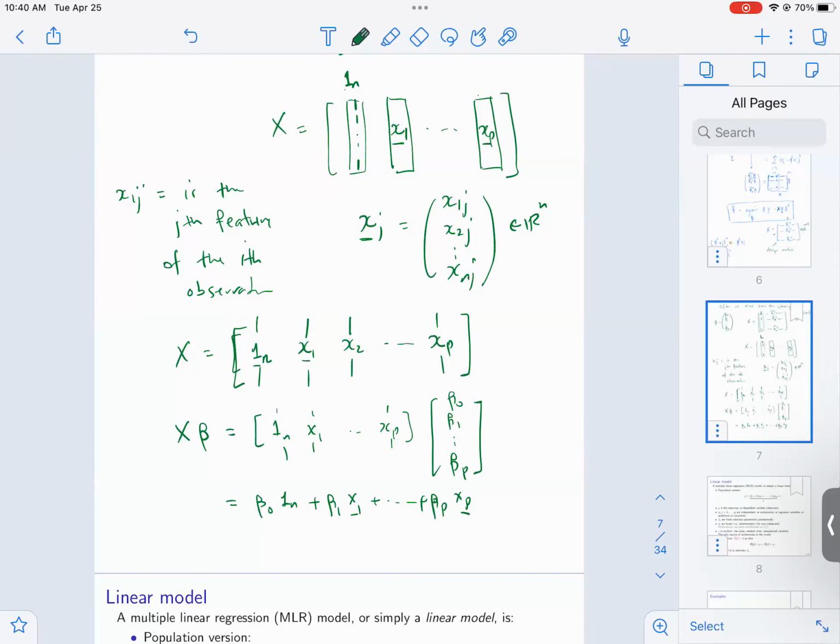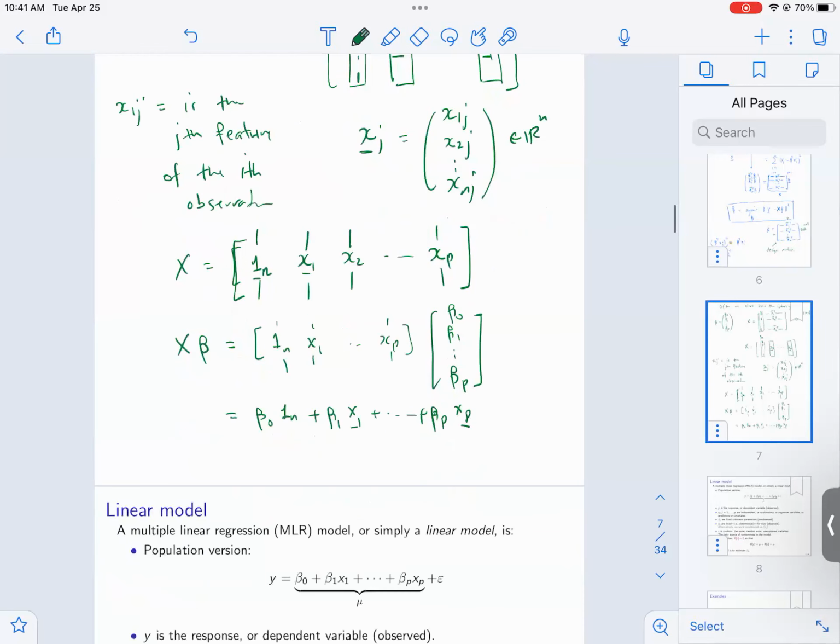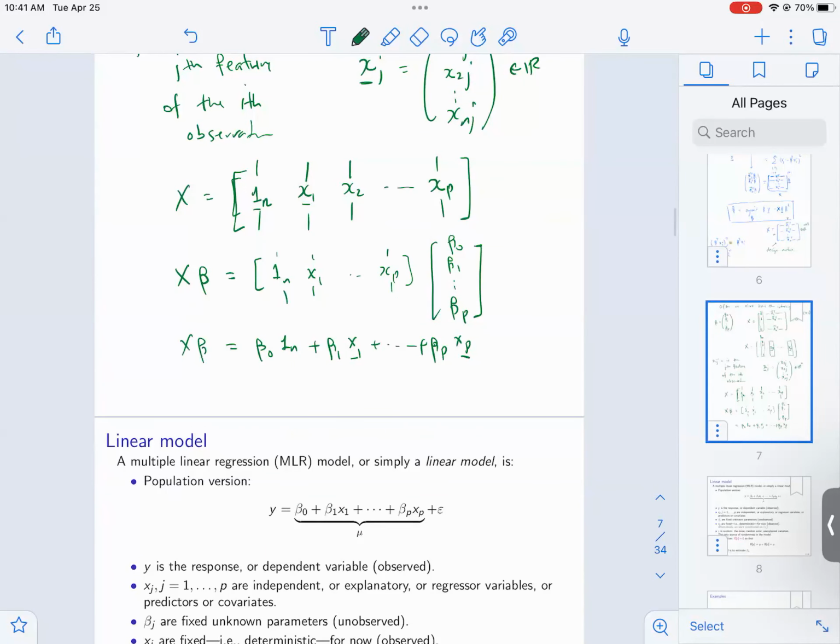It's like a general linear combination of the columns, a general element of the image of x. So this is the main component of the linear regression model. You can write it compactly as the summation, j from 0 to p, of beta j xj.